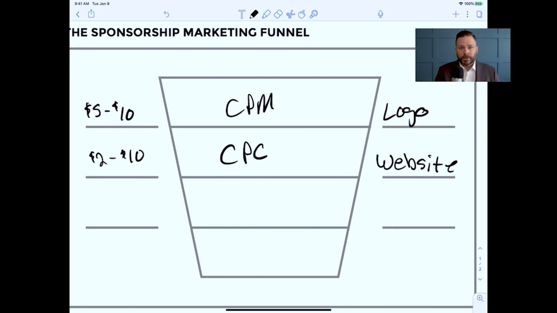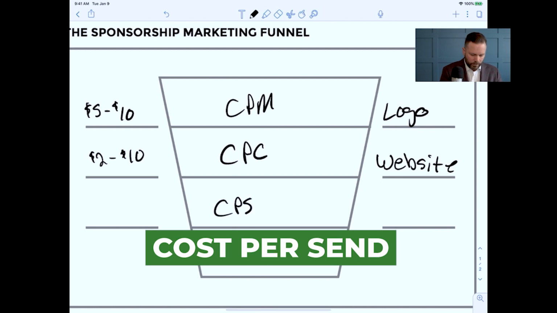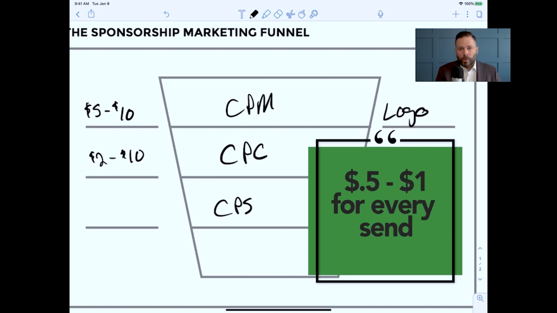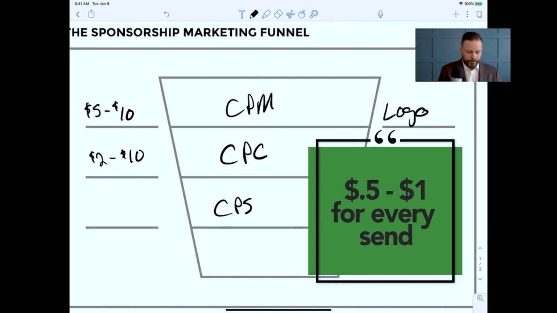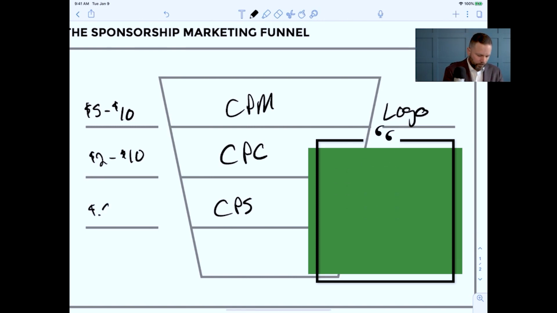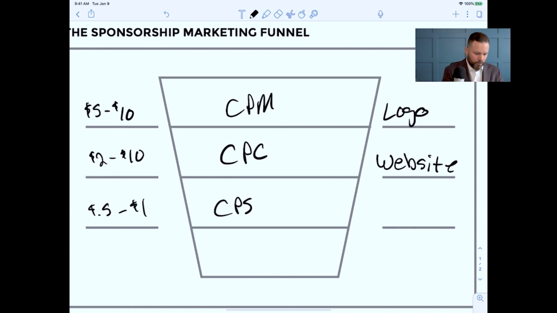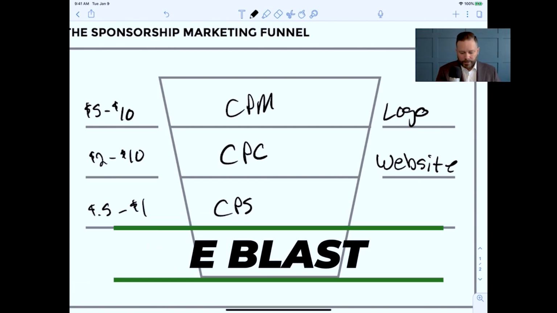Now, LinkedIn also offers the option to send a message directly to a particular audience. This would be a cost per send. And brands are paying somewhere in the 50 cent to $1 range for every send. The equivalent in sponsorship, of course, would be the e-blast.